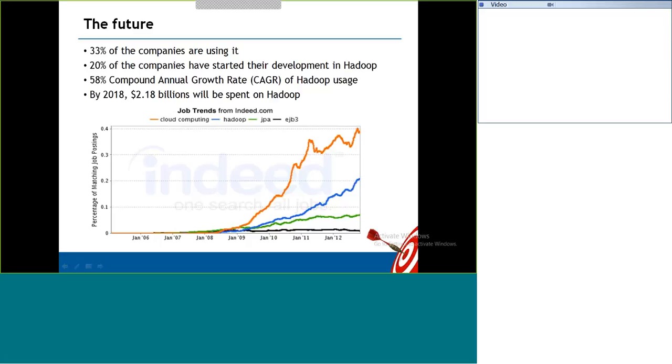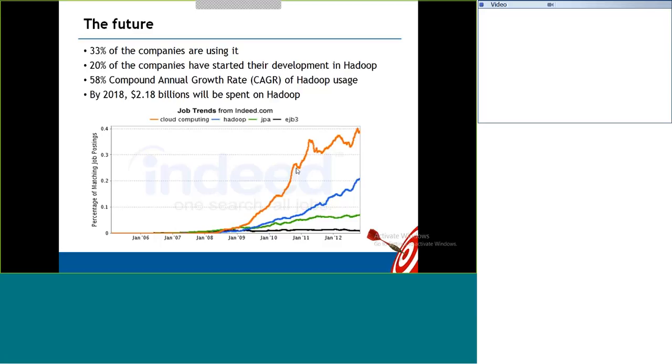Okay, cloud computing, and Hadoop can be built on AWS also if you want. AWS has its own product for the MapReduce, Hive, Scoop, all these ecosystems, which is called Elastic MapReduce.